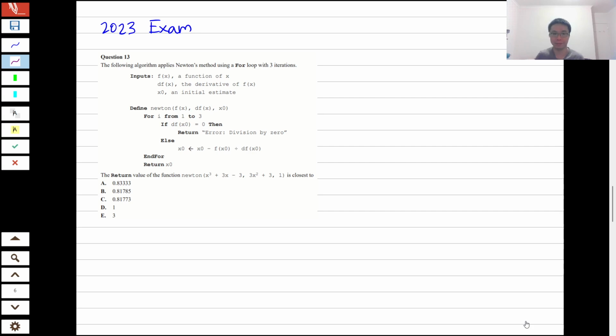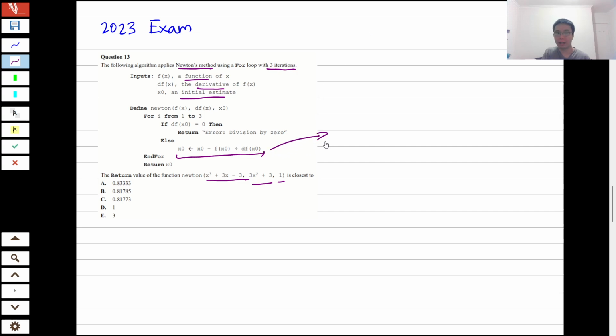What's happening here? We have Newton's method executed over 3 iterations for the function x cubed plus 3x minus 3. The derivative, 3x squared plus 3. And an initial guess of 1. What we want to do is run Newton's method.